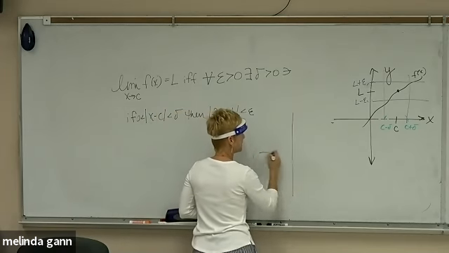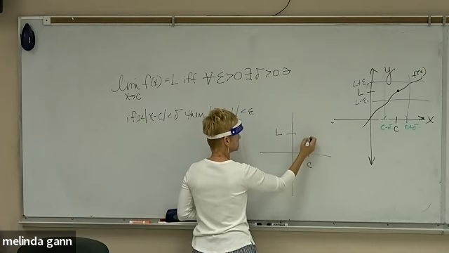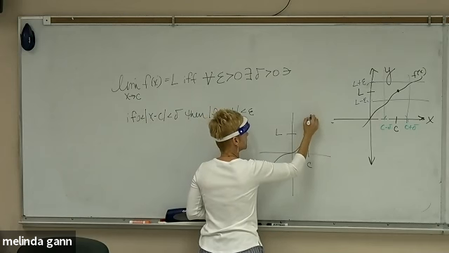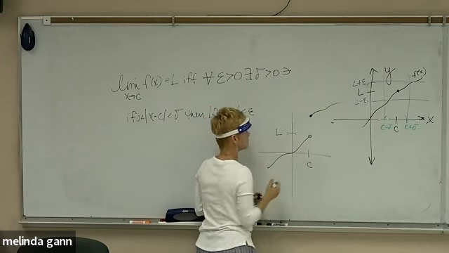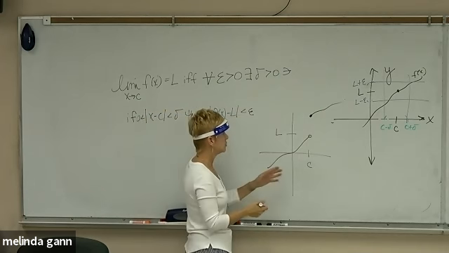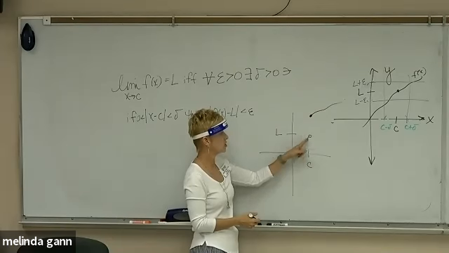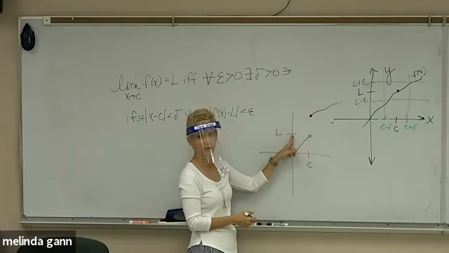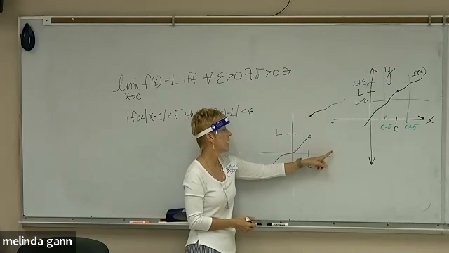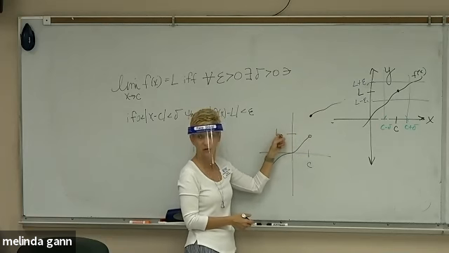Now, here's what would happen if you didn't have a limit. Do we agree that if you were trying to get close to C from this side, you'd be getting something close to that number? Is everybody with me? But when you're trying to get close to C from this side, you're never going to get anything down here, are you?